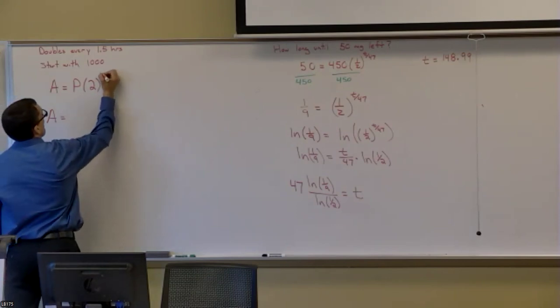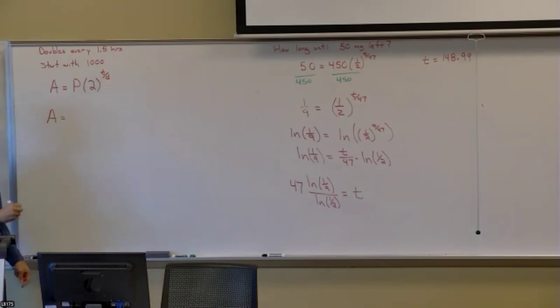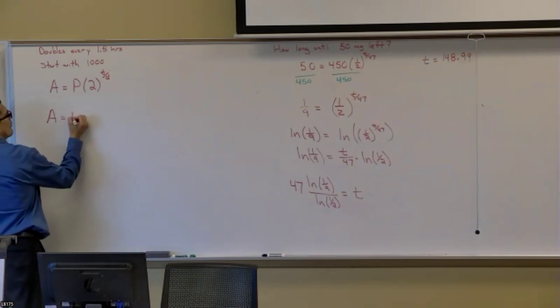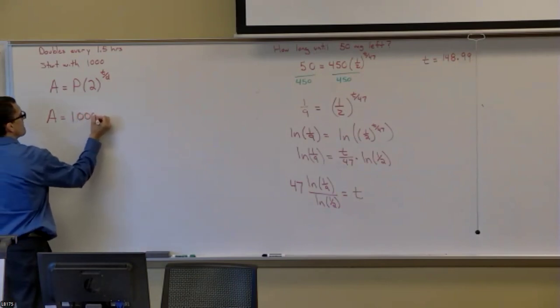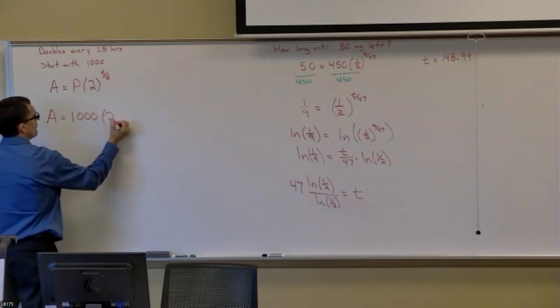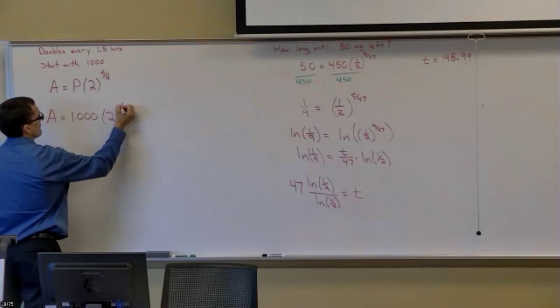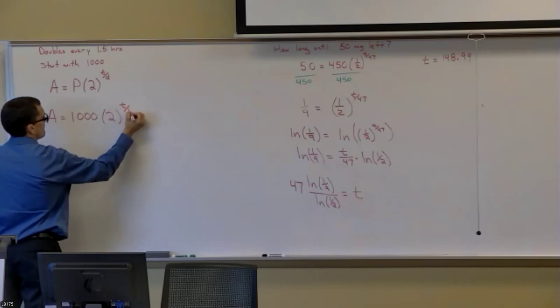So we take 2 and raise it to the t over d, where d is the doubling time. And it takes the double. So we have 1,000 times 2 raised to the t divided by 1.5.